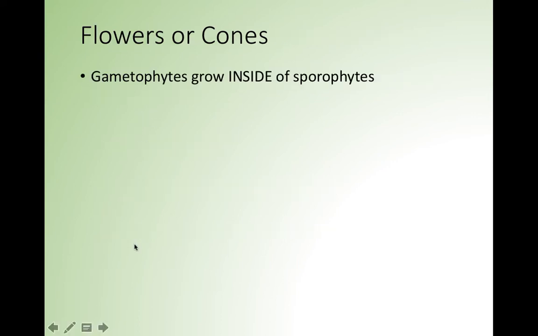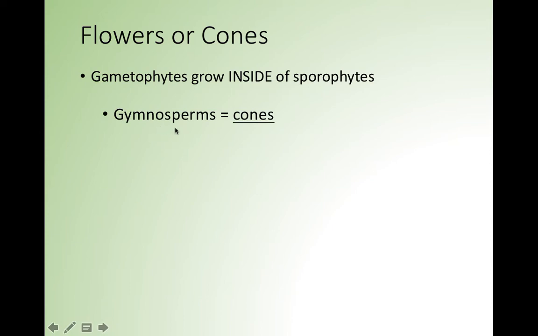Okay, so flowers or cones have to do with the fact that unlike ferns and bryophytes, where sporophytes kind of grew out of gametophytes, cones and flowers have gametophytes actually growing inside of sporophytes.